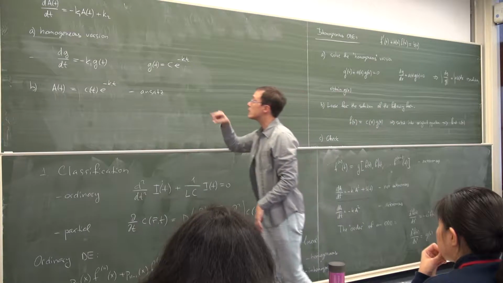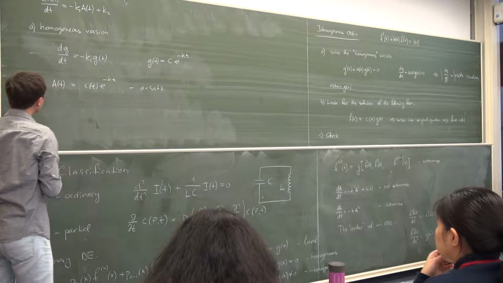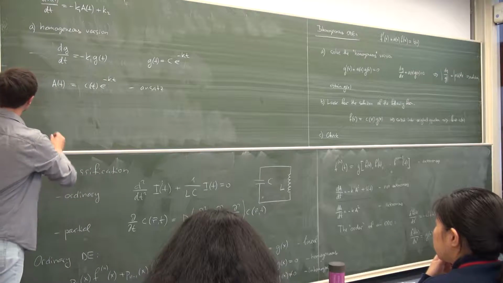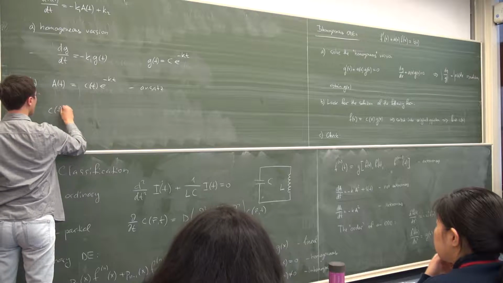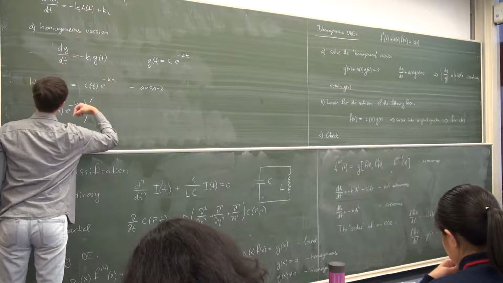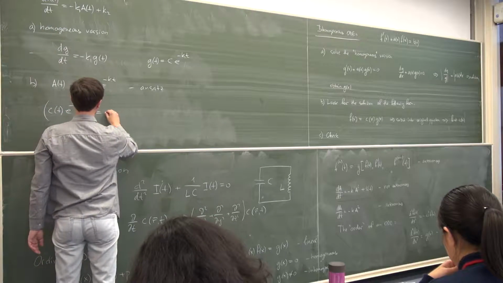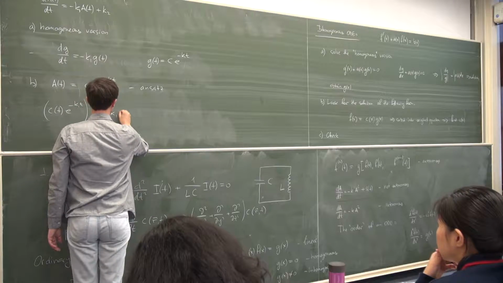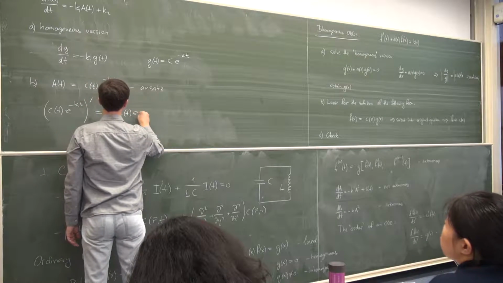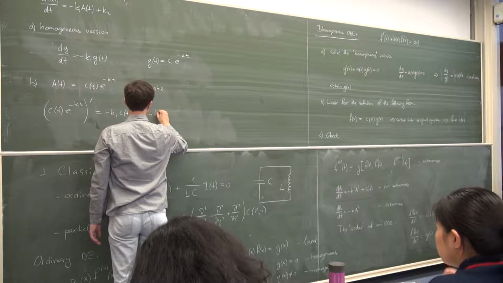It was x there, it is t there, but that's just the independent variables, it has a different name. Putting it in there, we have c of t e minus k1 t prime, it's dA by dt, is equal to minus k1 c of t e minus k1t plus k2.